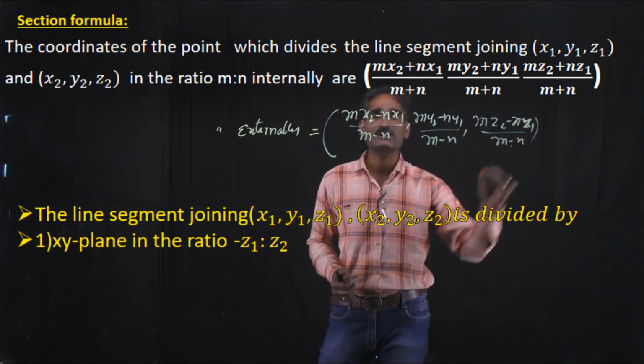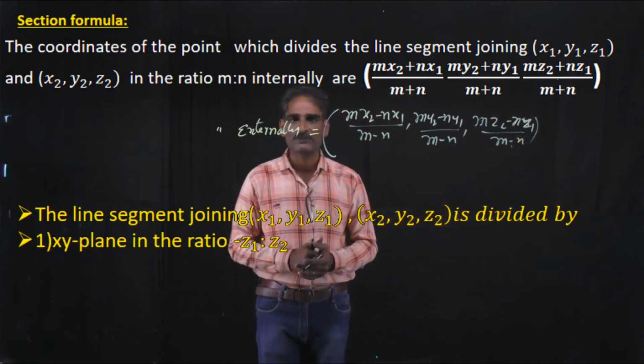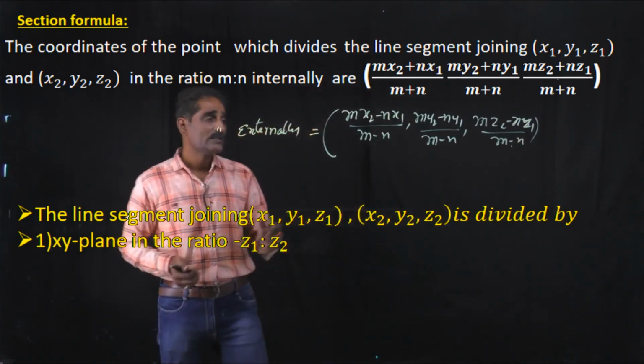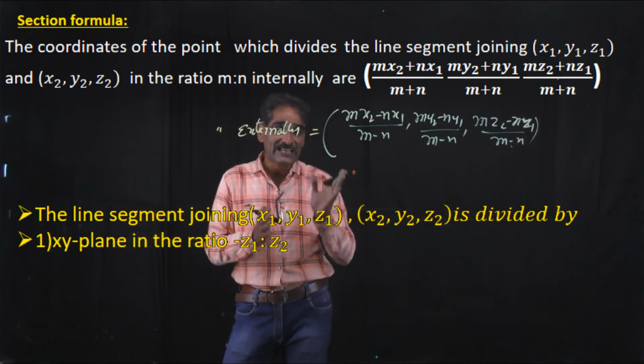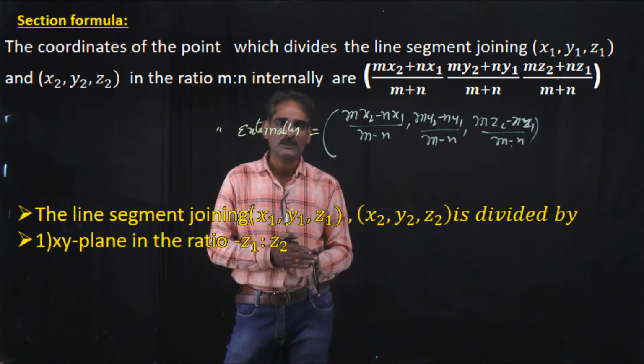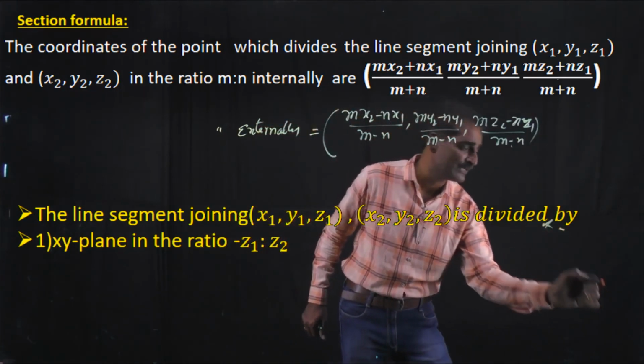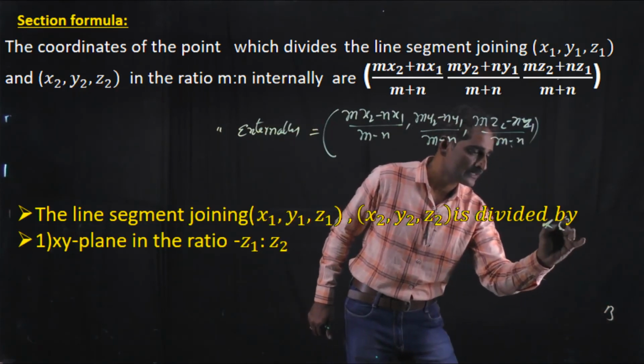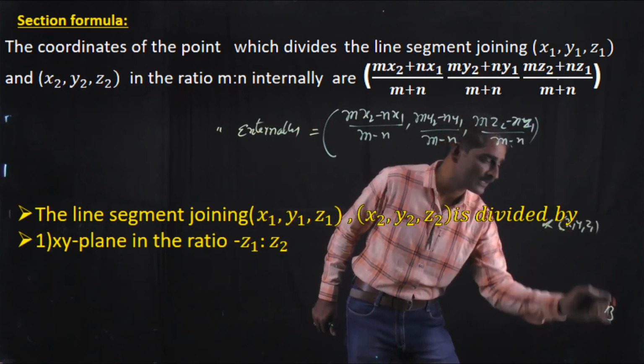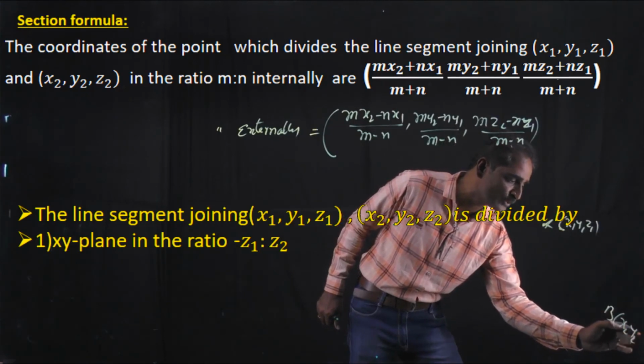These are the coordinates of the point in case of external division. Okay. Now, here we have to find out the ratio in which the xy plane divides the line segment. Suppose these are the positions of the 2 points A (x1, y1, z1) and B (x2, y2, z2).